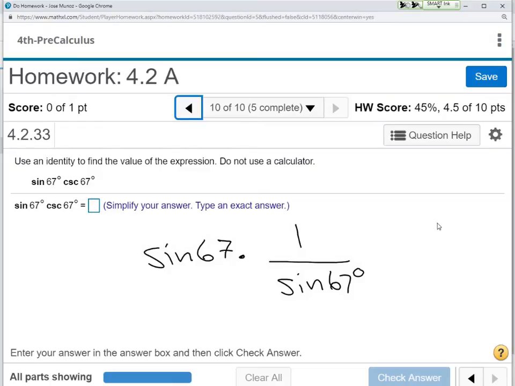That's cosecant. So this cancels, and you get 1 over 1, which is just 1. It's the reciprocal of it. It's the multiplicative inverse, if you want to get technical about it.